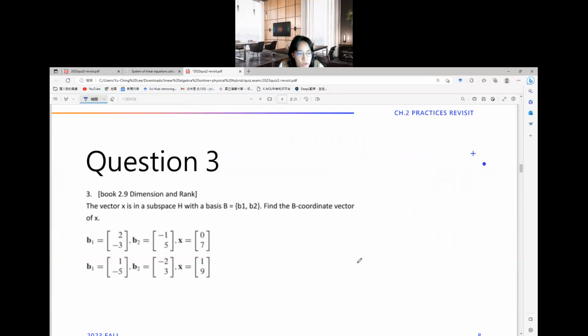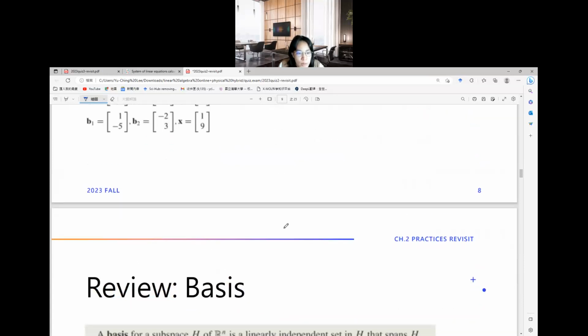Question 3. The vector x is in a subspace H with a basis B, and this basis B contains two vectors, B1 and B2. Find the B coordinate vector of x. So we need to review what a B coordinate vector is.